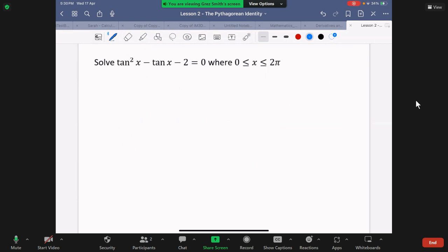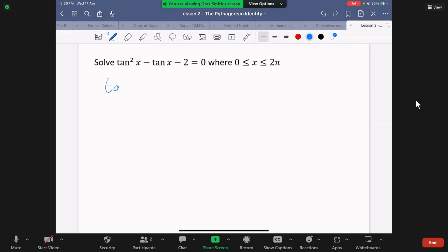So we can see that it's all written in one variable, so we're going to go straight in and solve it in terms of tan. We can probably factor this. The factors of -2 are -2 times 1.